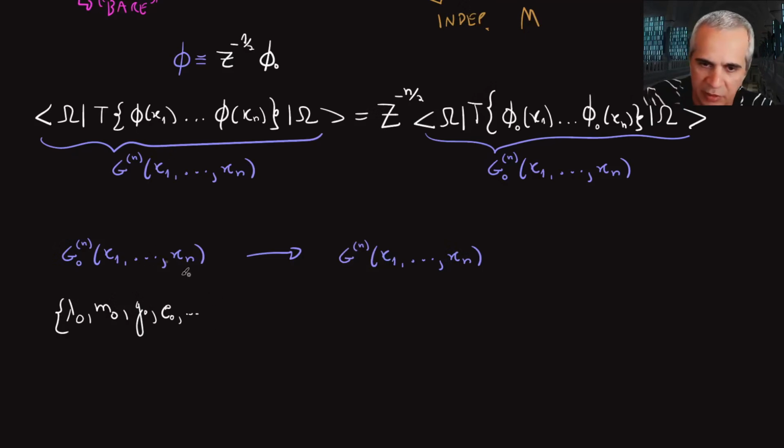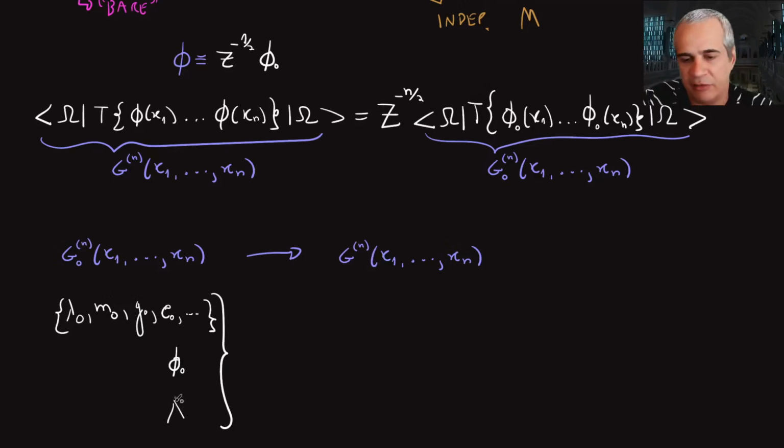So this could depend on all of that, and I'm using the 0 to represent the bare constants. This depends on the bare field, and it might also depend on a cutoff, depending on how you start. If you're starting a la Wilson, then you have a finite cutoff somewhere. If you're doing it like in the BPHZ approach, then this is infinity. You could have a cutoff or not.